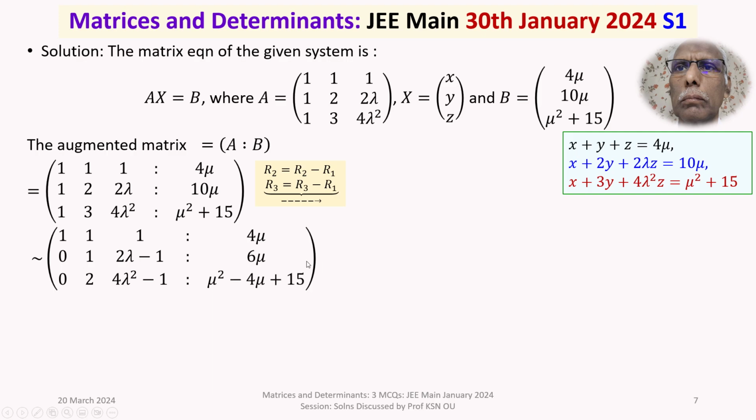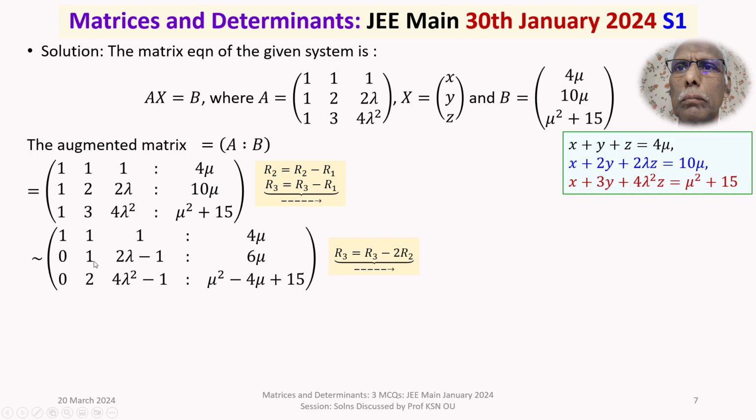This matrix. Agree? After getting this, to make it into an echelon form, the third row, second position, this 2, you have to make it into 0. To do that, R3 is R3 minus 2 times R2.